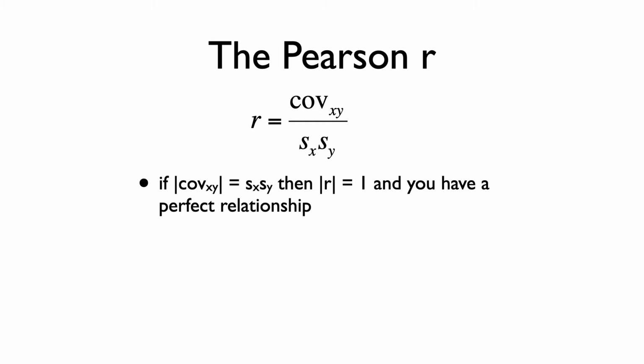You have a perfect relationship. It's basically a proportion of variance: shared variance, the covariance of xy, divided by all the variance, s sub x times s sub y. So we're thinking of variance like a thing, and it's how much they overlap.